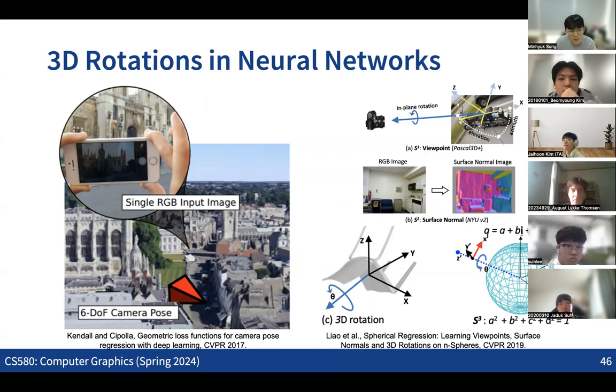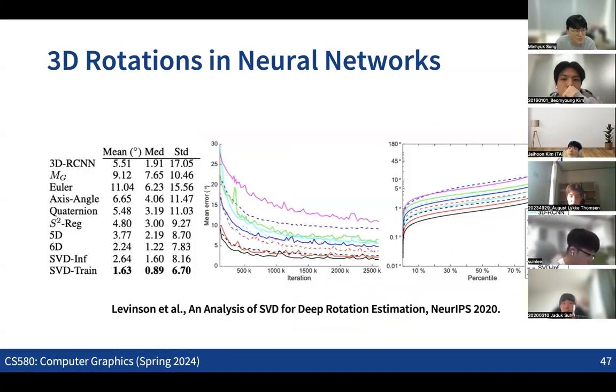As you can see, there are multiple ways to make the neural net predict the parameters of the 3D rotations. We can use the axis-angle representation, Euler angles, quaternions, or even the 3 by 3 matrix, right? So which representation is the best? There are many ways to make a neural net predict 3D rotations, and which representation would be the best for those tasks is an interesting question.